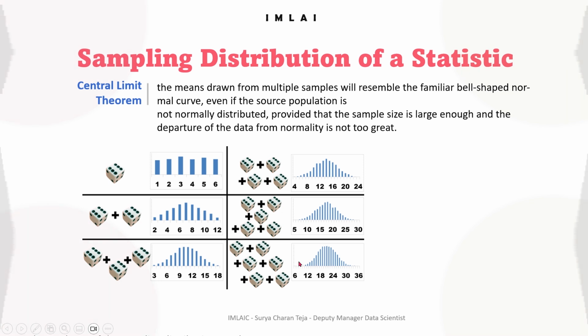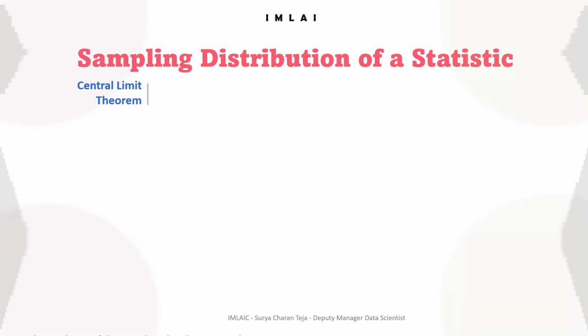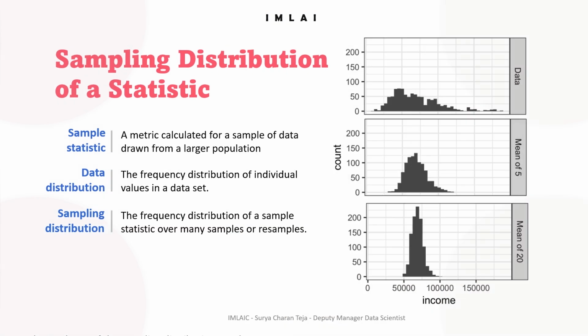So now let's take a more concrete example, going back to the previous one. Here we have mapped the income. Whatever you're seeing is the population income. The first graph is the data distribution, the distribution of the individuals who provided their income.